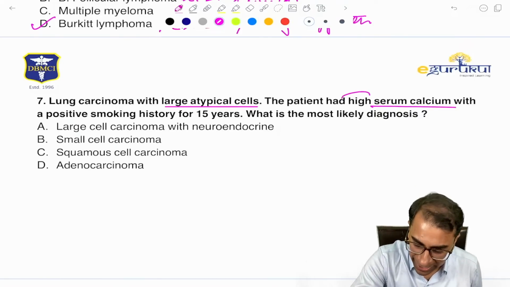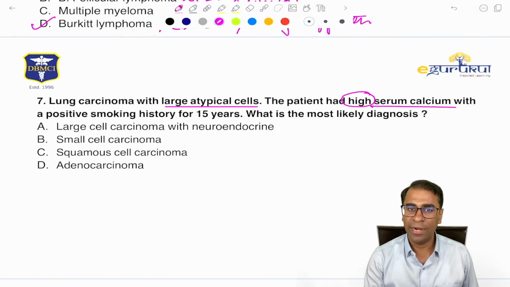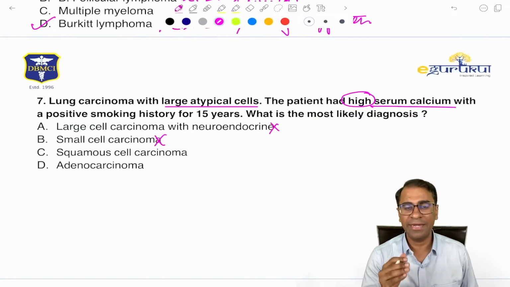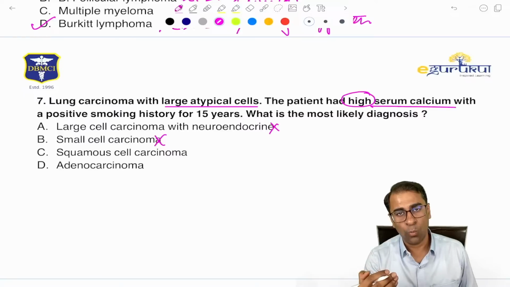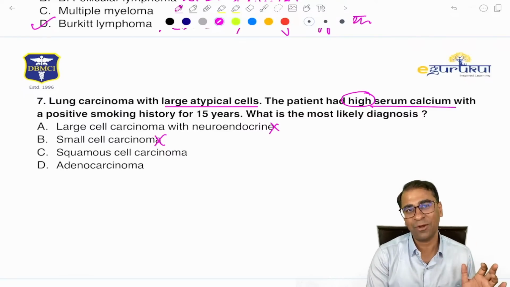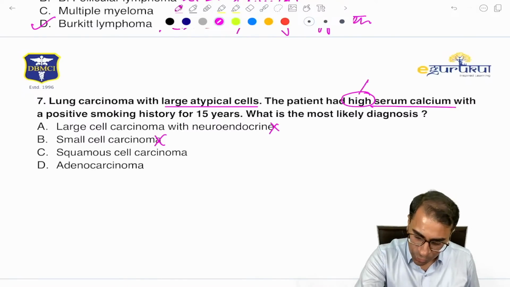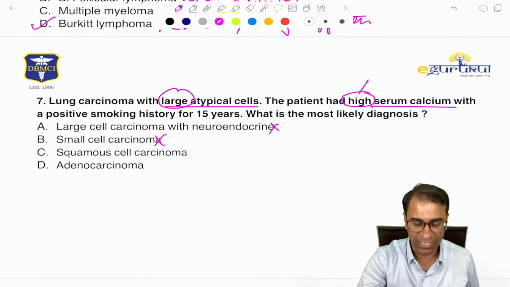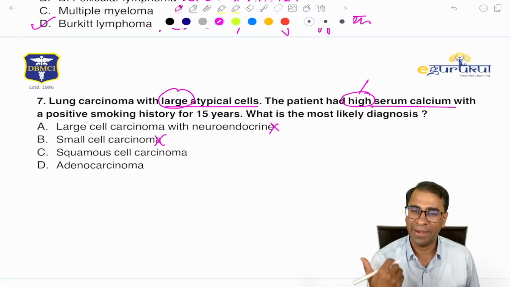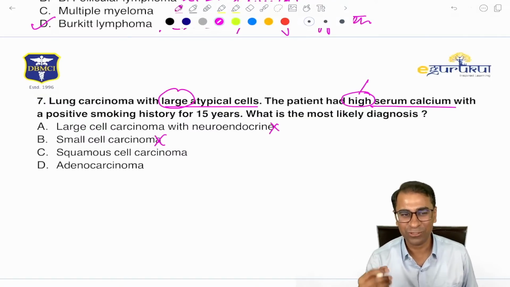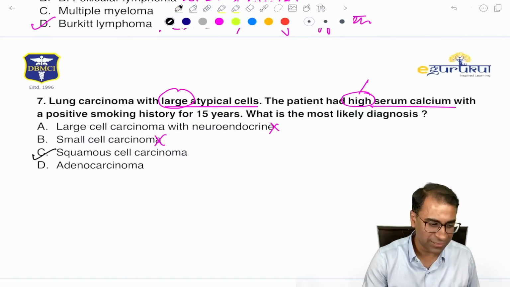The moment you say high serum calcium, let me tell you, it cannot be any neuroendocrine tumor, because a neuroendocrine tumor releases calcitonin, which should ultimately cause hypocalcemia, not hypercalcemia. Okay, there's a very interesting story, because it is showing you large size atypical cells. Many of the students would tend to mark it as a large cell cancer, but it doesn't work like that. Because it is showing you hypercalcemia, what you should mark is, yes, squamous cell carcinoma.